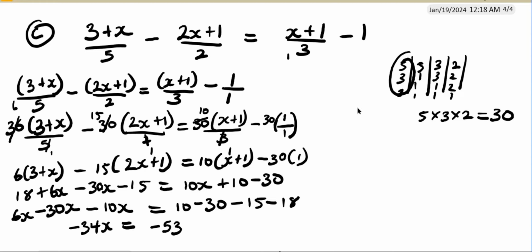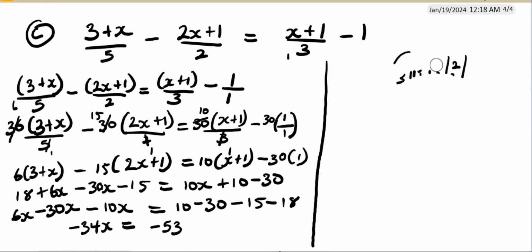Okay, so let's wipe this place clean and partition our board. So since I'm looking for x, I have to divide both sides by minus 34.